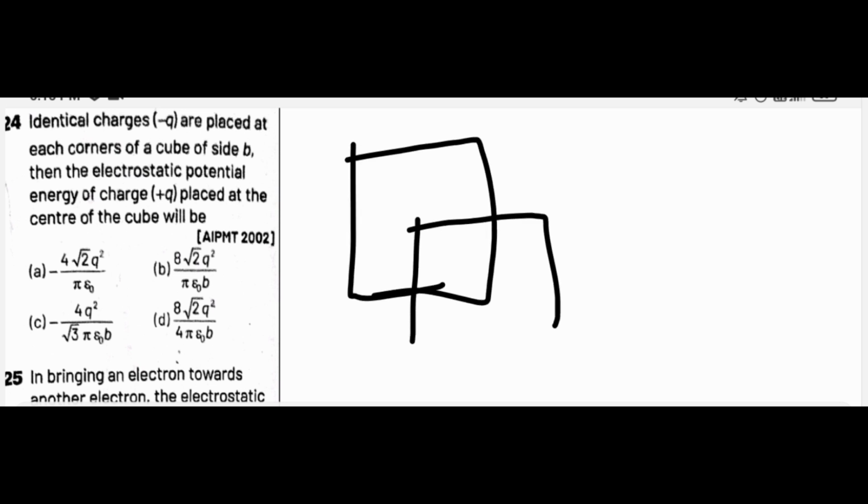So, just as we have solved one question like this, it is the electric potential concept, the potential energy concept. They are telling the cube, right? If you say this is a cube, minus q is placed in all those corners. Minus q, with the side B.